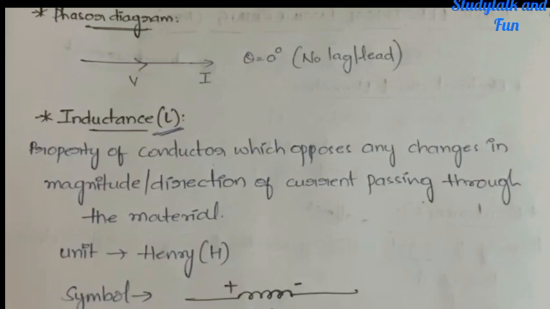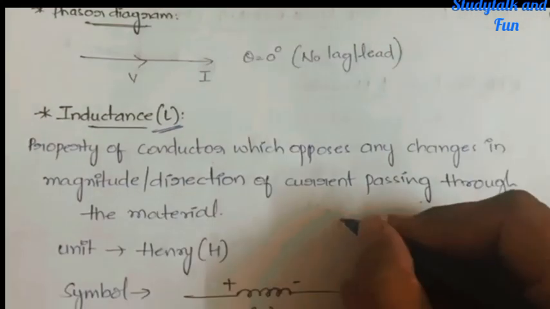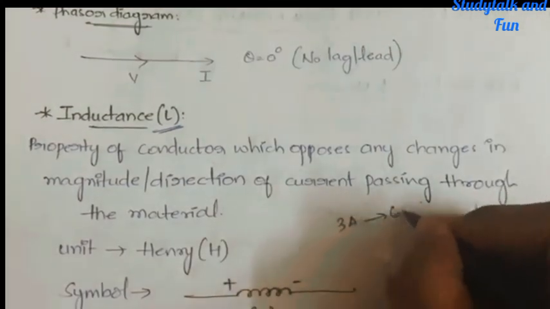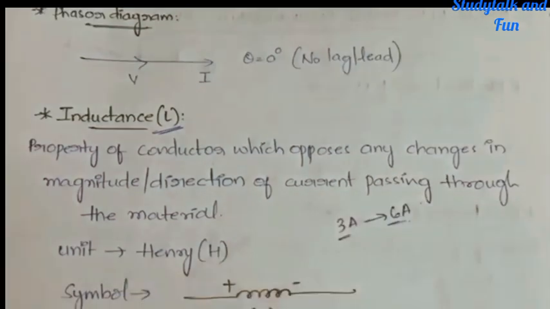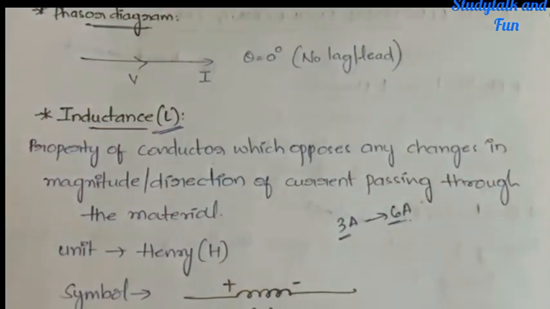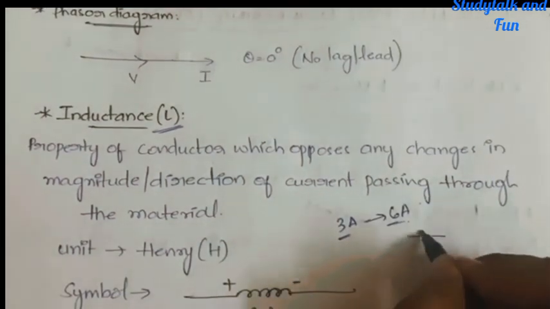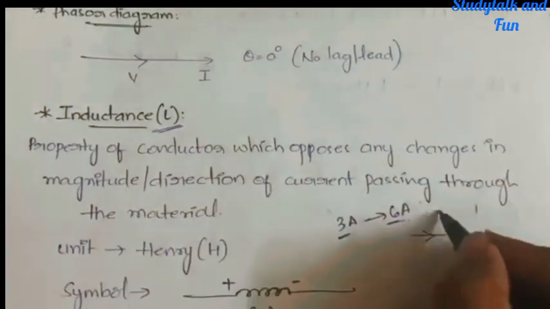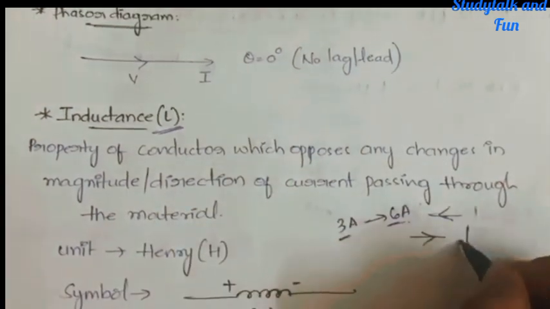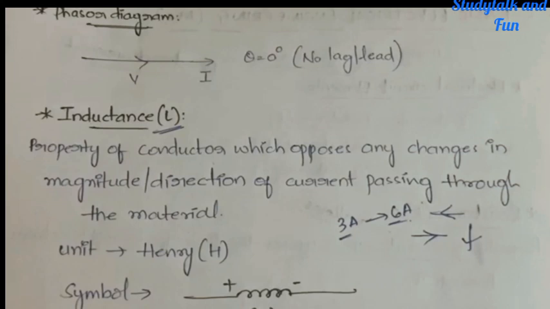In terms of magnitude, suppose the value of current is 3 amperes and it has changed to 6 amperes, the value has changed, right? This is a change in magnitude. A change in direction is if the current is flowing in this direction, and suddenly it changes to this direction. So if the direction or the magnitude of current is changing, then those changes should not happen.